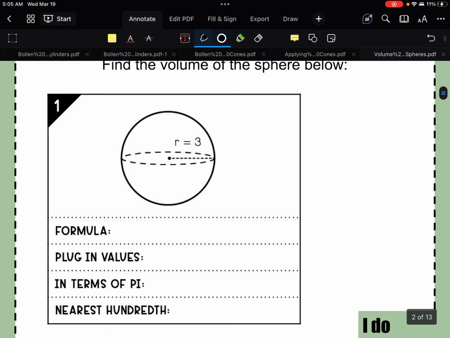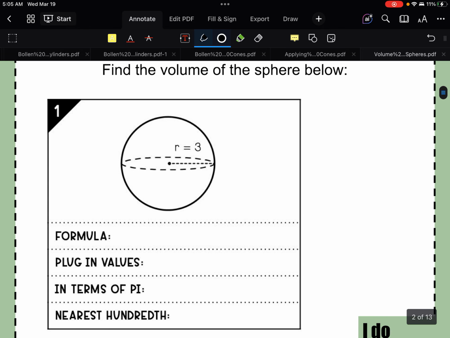Alrighty, so to find the volume of a sphere, you use that formula, 4/3 pi r cubed. So the first thing you do is plug in our values. You do 4/3 pi 3 cubed.